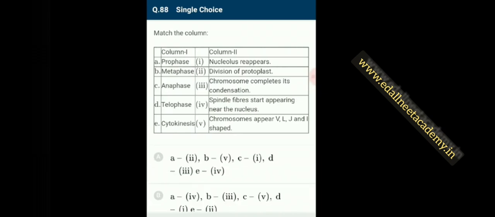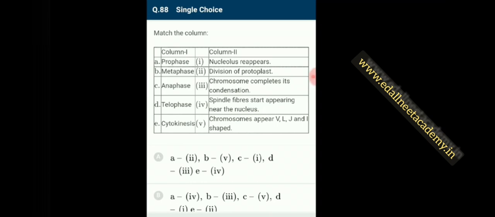Question number 88. Match column 1 with column 2. From column 1, A. Prophase is matching with spindle fibers start appearing near the nucleus. B. Metaphase is matching with chromosomes complete their condensation.